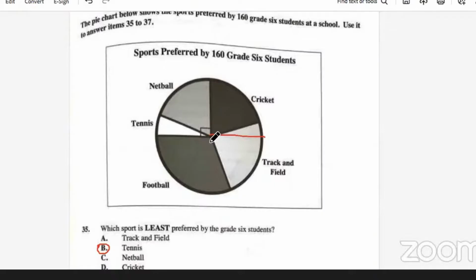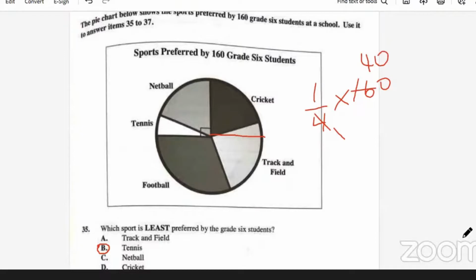All right, a quarter of 160. So a quarter of the entire amount, sorry, a quarter of 160, divided by 4, that would be 40. So the combination for netball and tennis students together would be a total of 40.